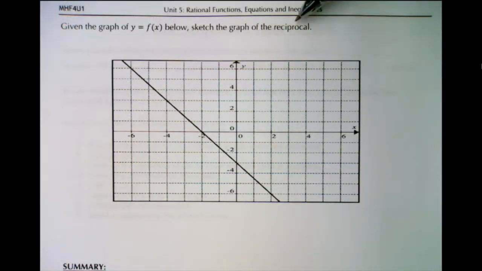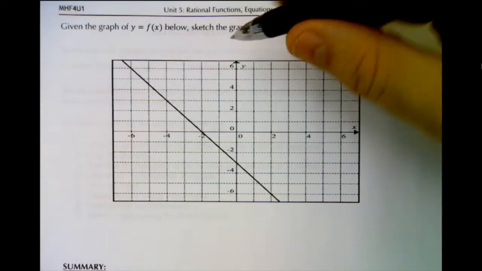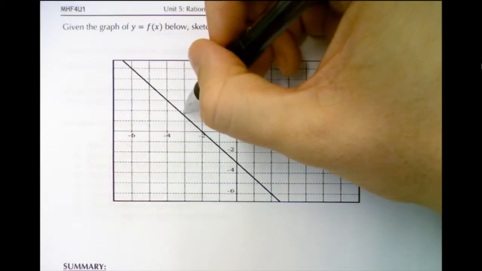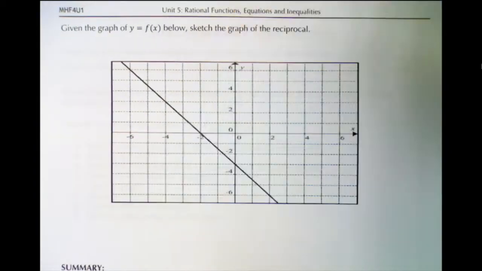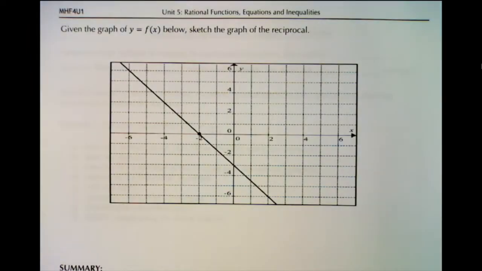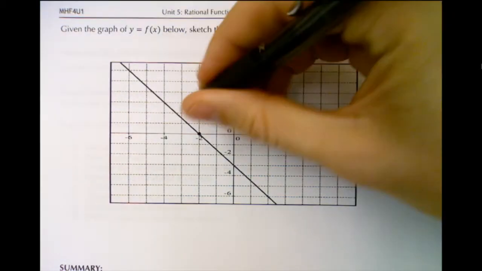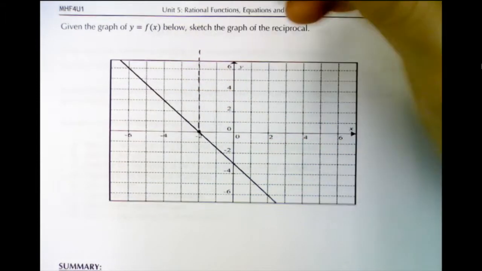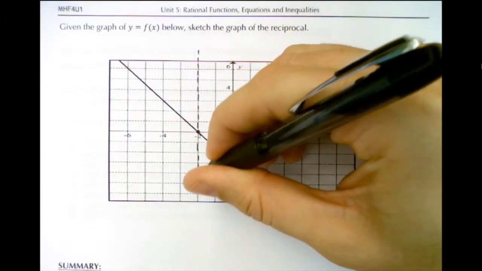Because if we want to graph the reciprocal, basically we're just taking all the y values of all these points and finding its reciprocal. Well, the y value right here is 0. The reciprocal of 0 is 1 over 0. Therefore, the reciprocal graph would be discontinuous when x equals negative 2.